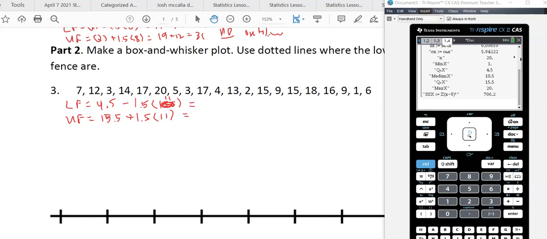And then I'm just going to type those in my calculator. So negative 12 and 32. Doesn't look like we have any outliers here.